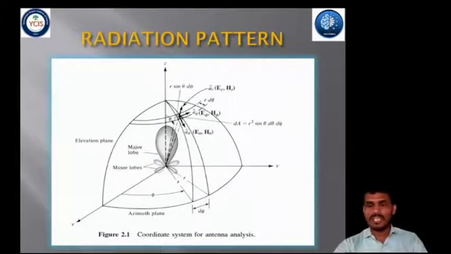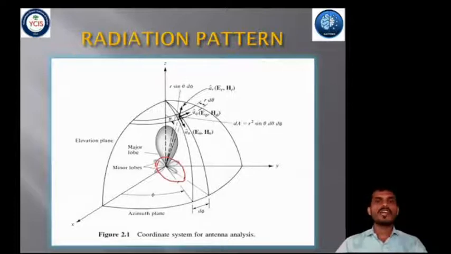See carefully, this is your coordinate system, in which this is the main lobe of that particular radiation pattern, and each main lobe has some minor back lobes present.